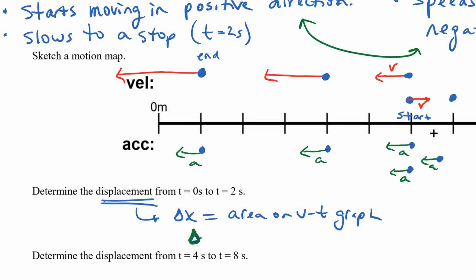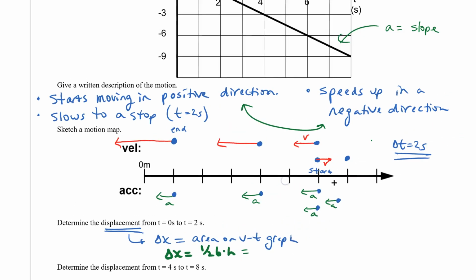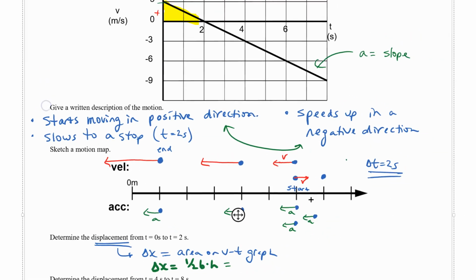So I would say this shape, this delta x is going to be equal to, since it's a triangle, 1/2 times the base times the height. Looking at that triangle, the base is 2 seconds, so 1/2 times 2 seconds times the height, which is 3 meters per second.